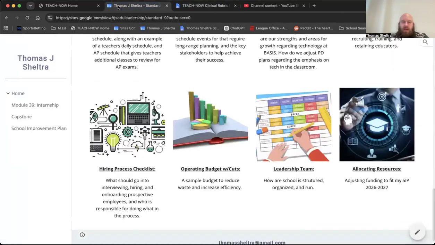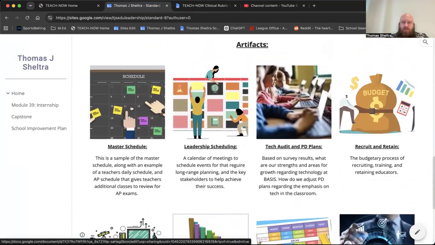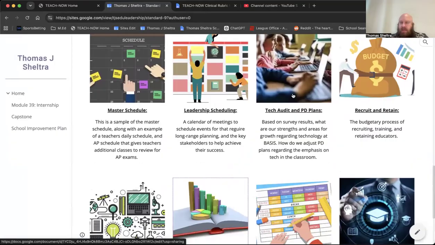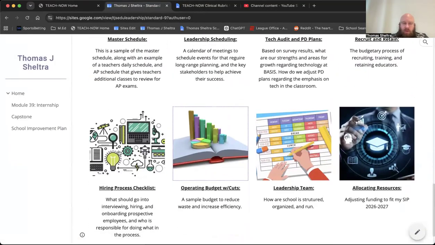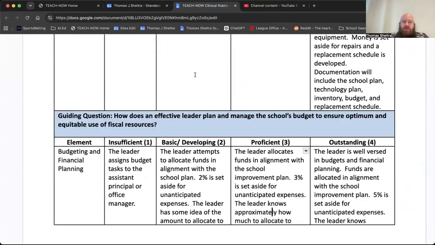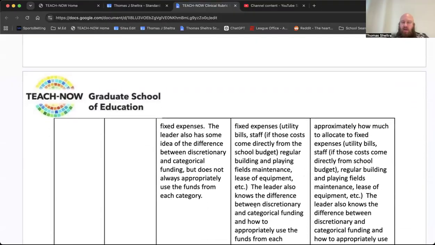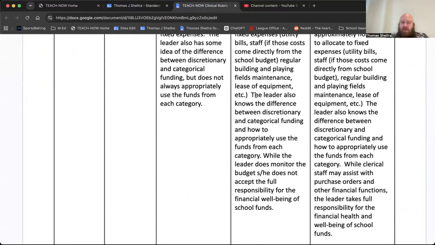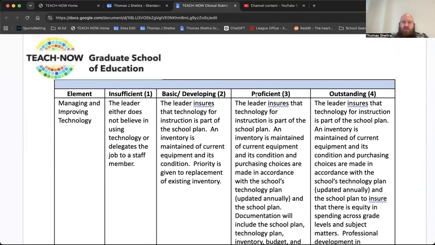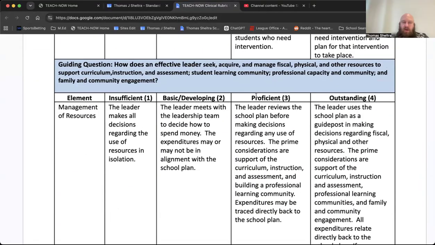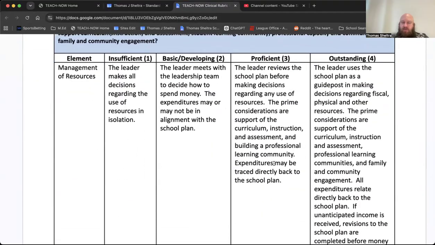Again, going through these with the scheduling, the tech audit, hiring and retaining teachers, that goes into the budget and financial planning. So as far as hiring teachers and using school funds, and also up here, management of resources.